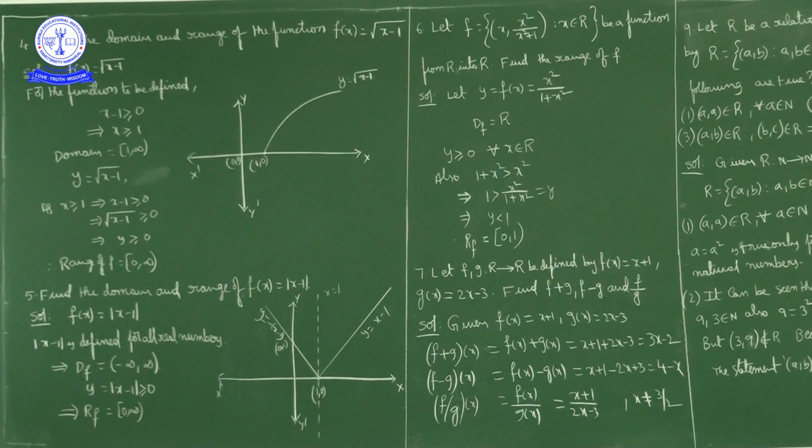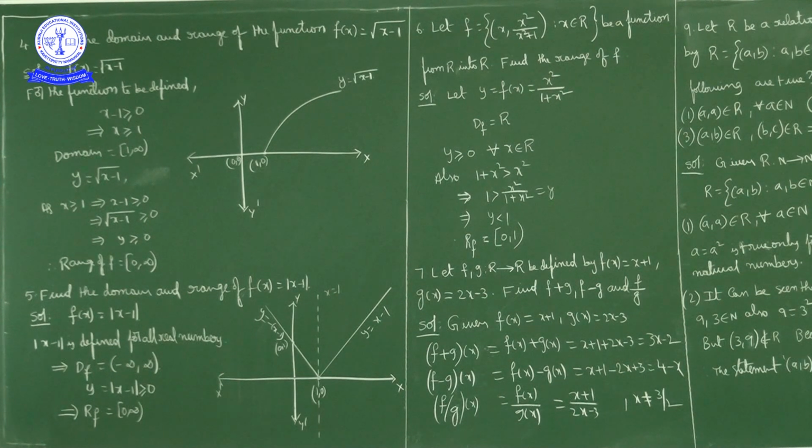Suppose x is 0, in such case y is 0. Other than x is 0, you take any real number, the ratio is always positive. So y is always greater than or equal to 0 for every real number. Now one more thing, y greater than or equal to 0, that part we know.